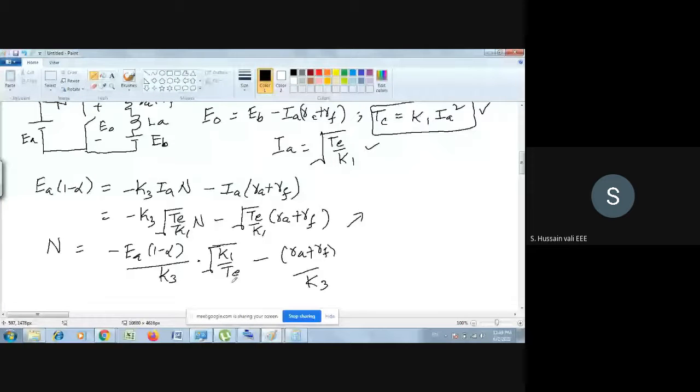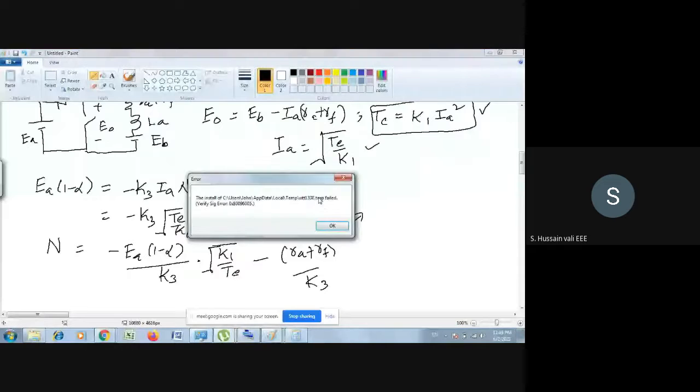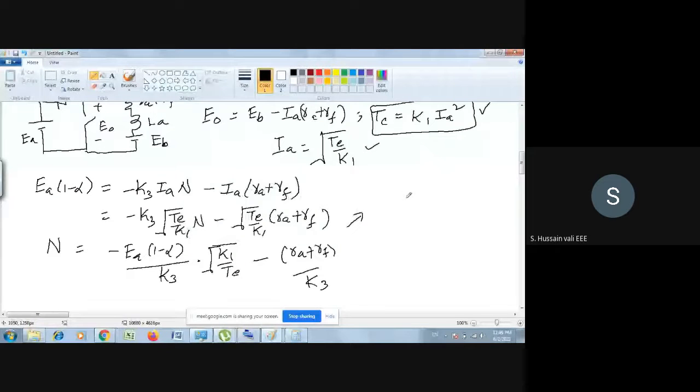If T is negative, then it becomes an imaginary value. So we'll just simplify this further: N plus RA plus RF by K3 is equal to minus E into 1 minus alpha by K3 times the square root of K1 by T.